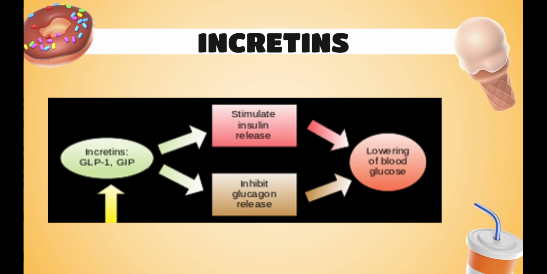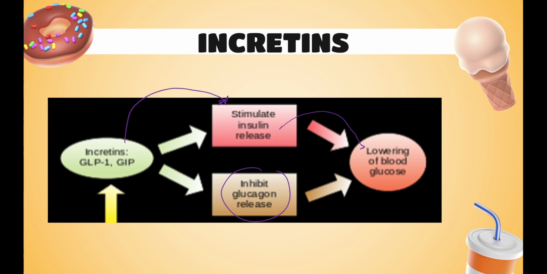Why? Because the action of your incretin is actually to stimulate your insulin release. Thus, going back to the role of insulin, insulin lowers your blood glucose level. Kaya siya indirect kasi it does not directly lower your blood glucose level. What it does is to stimulate your insulin, in which si insulin yung maglo-lower. And another action of your incretin also is to inhibit your glucagon release.